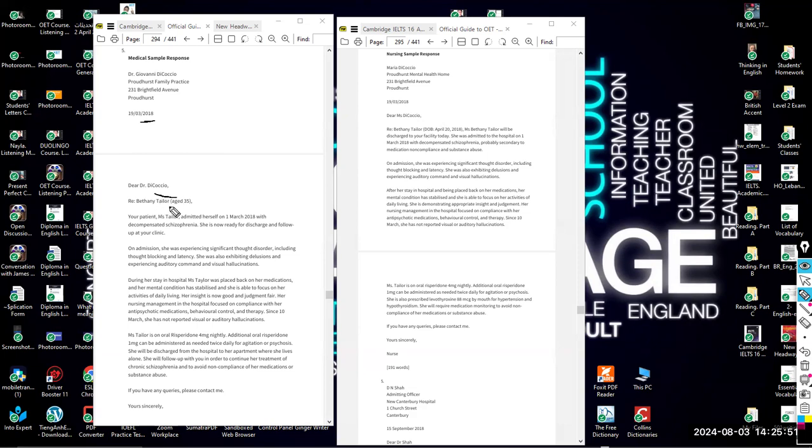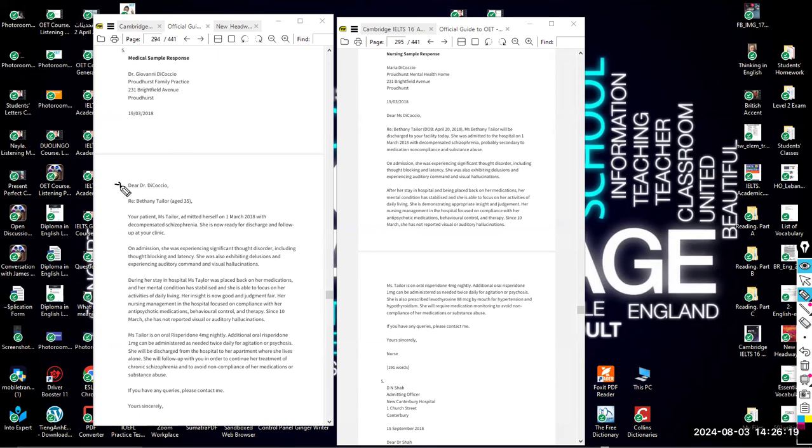Then after mentioning the person I'm sending the letter to, I skipped another line. And I have to skip a line between the paragraphs. Please, this is extremely important. This is the exact structure of your letter. So don't forget to skip a line.